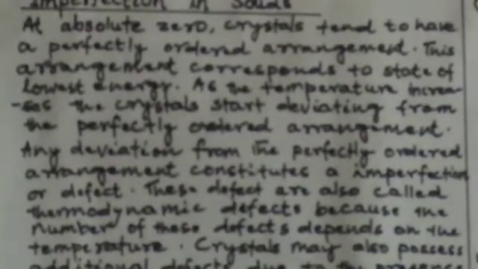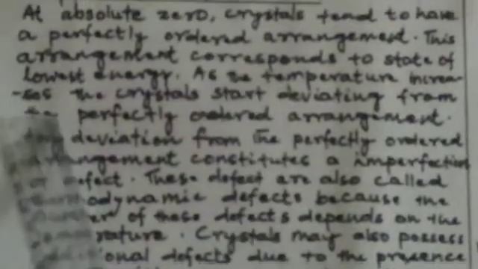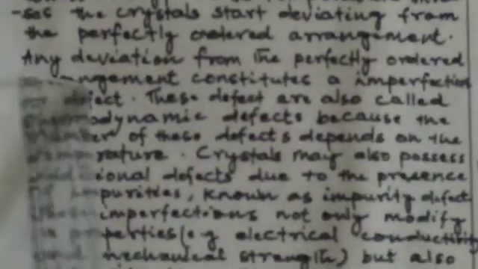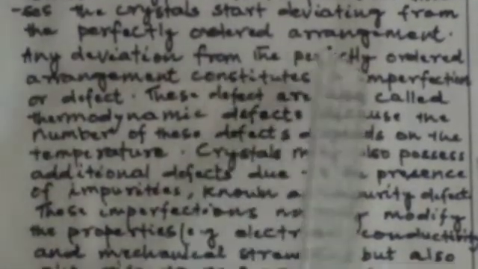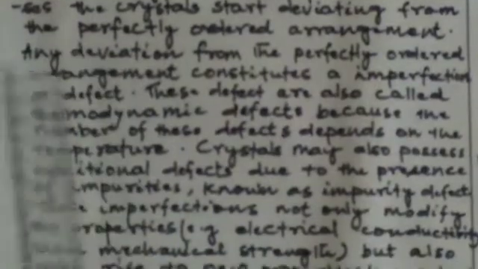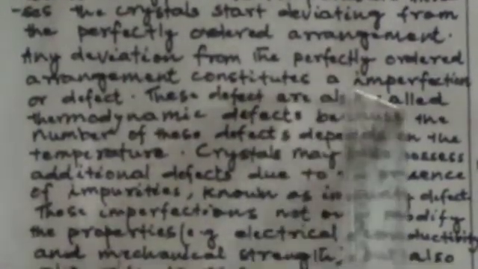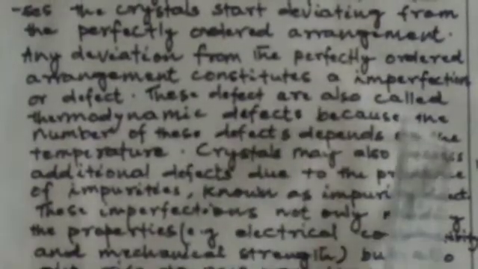What happens when the temperature increases? As the temperature increases, the crystal starts deviating from the perfectly ordered arrangement. Any deviation from the perfectly ordered arrangement constitutes an imperfection or a defect. These defects are also called thermodynamic defects because the number of these defects depends on the temperature.